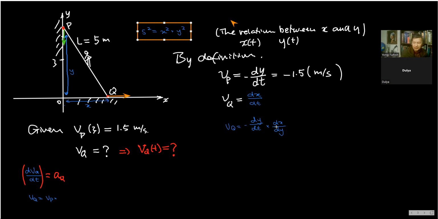So you're going to do this one? Yes, you can. dq equals dy dt times dx dy, because dq is dx dy, right? Okay, fine.